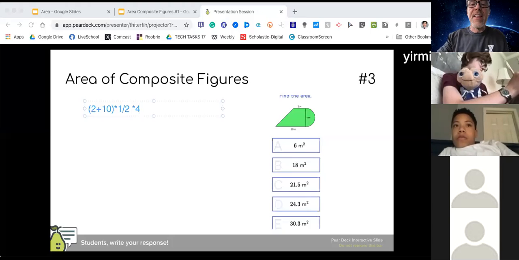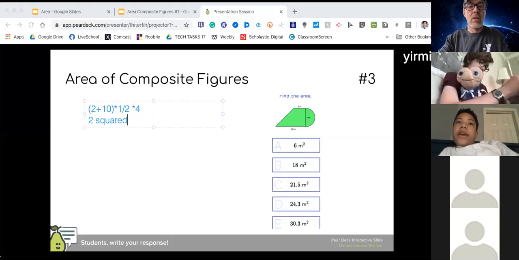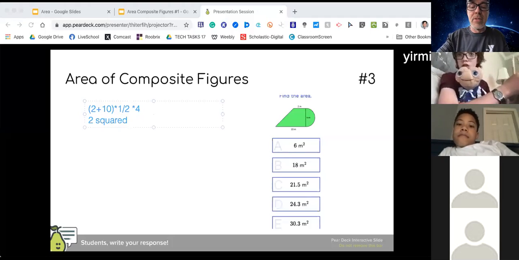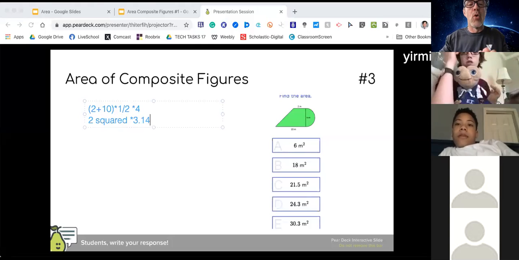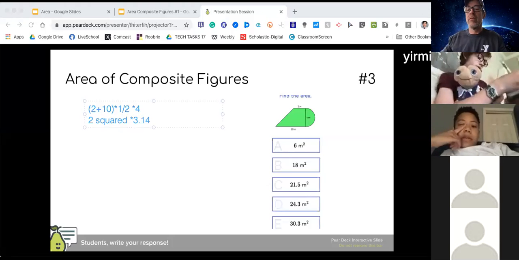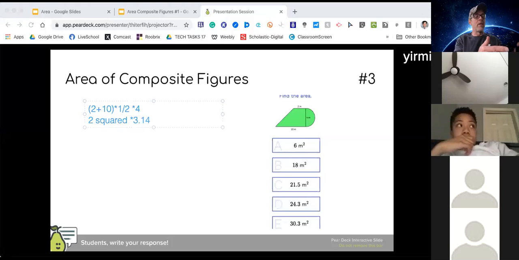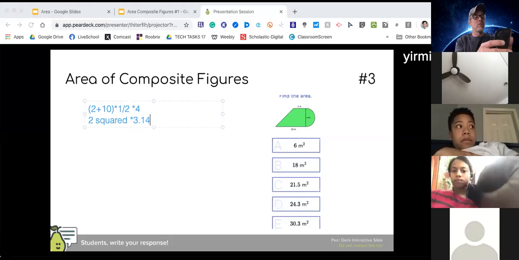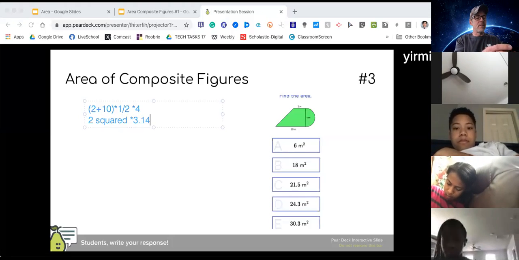Then that number I'm good with. Now I got to do the half circle. For the half circle, I've got to do 2 squared times 3.14, and then half that because it's a half circle. Okay. So I'm going to do it on my calculator as well and see what I get, and see if you all agree.